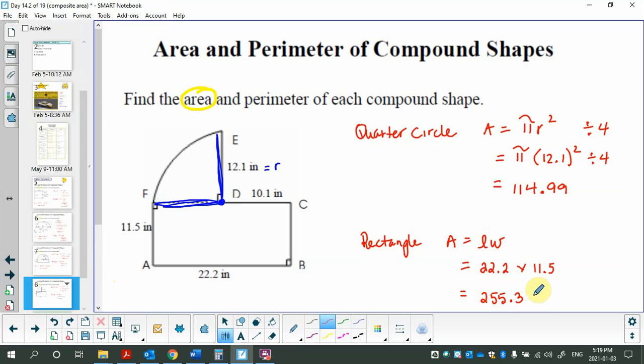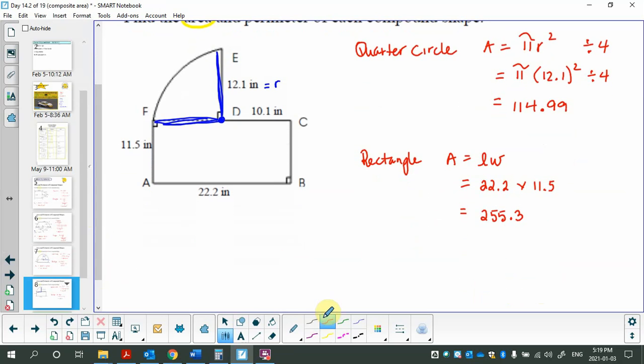Again, I'm going to be a rebel. No units here, because I know I still have an overall question to answer where I must put the units. So the total area, 114.99 plus 255.3.